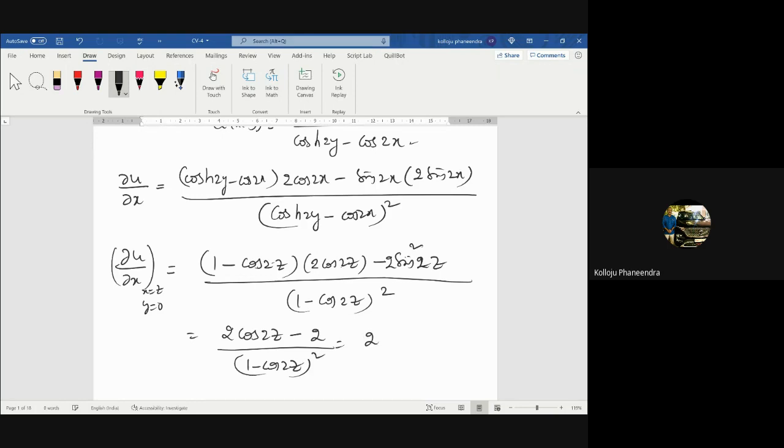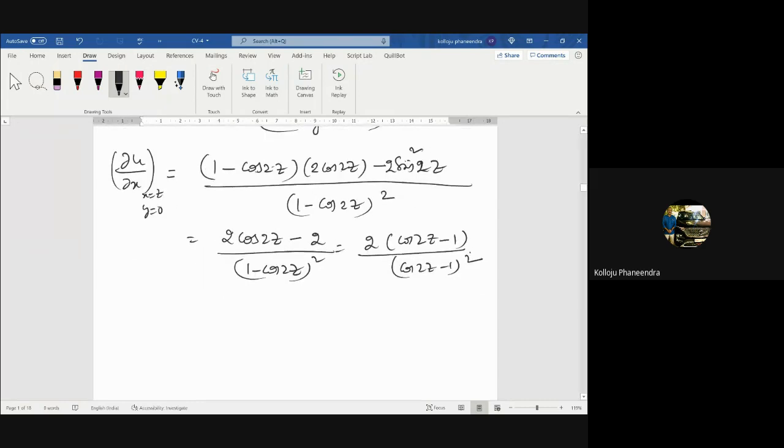So 2 into, what is the common? Cos 2z minus 1 by cos 2z minus 1 whole square, doesn't matter, right? Both are the same now. So one getting cancelled. 2 by cos 2z minus 1.